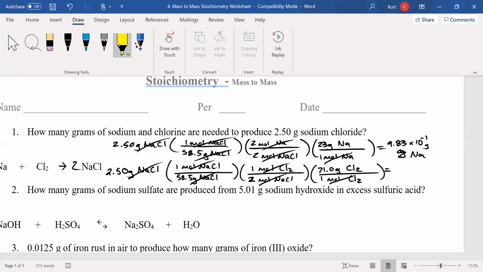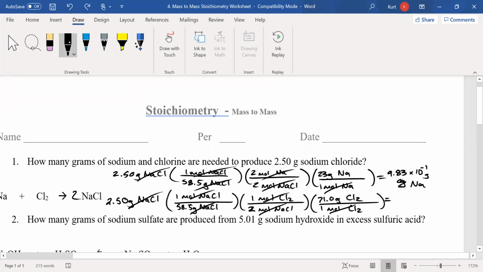Wait. Hold on. That's for just chlorine by itself. I wrote it as grams of Cl2, right? Yeah, but 71, isn't it 2? One mole of Cl2 is 71 grams. So just put it in grams of Cl2.